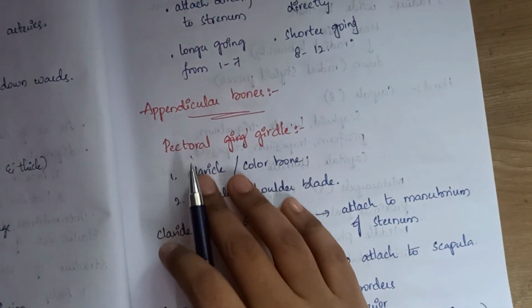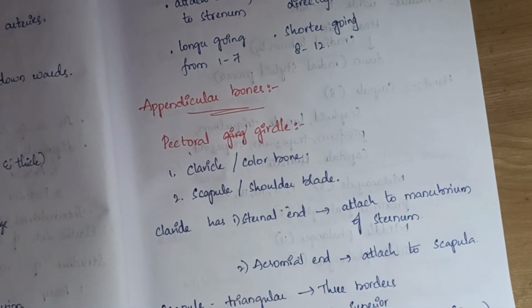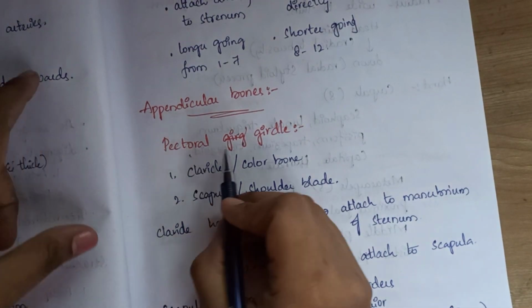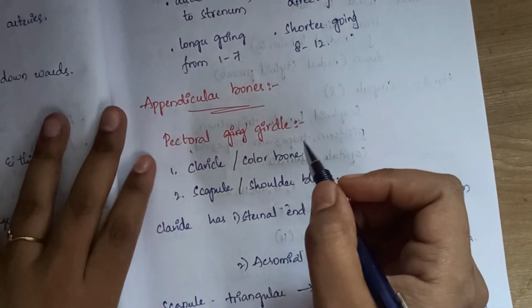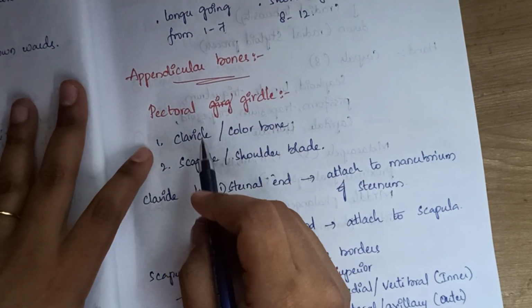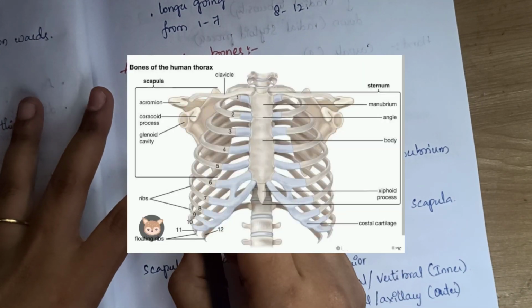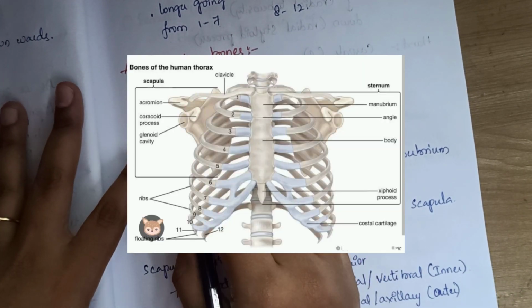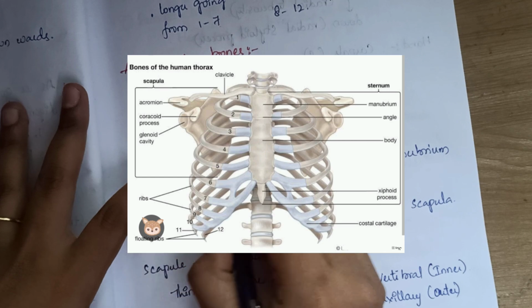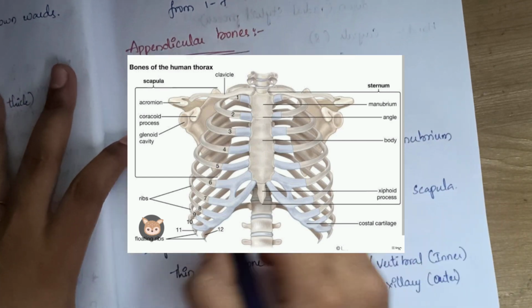Appendicular system. The appendicular bones consist of the pectoral girdle. The pectoral girdle has two major bones, the clavicle and scapula. The clavicle is the collar bone, the scapula is the shoulder blade.